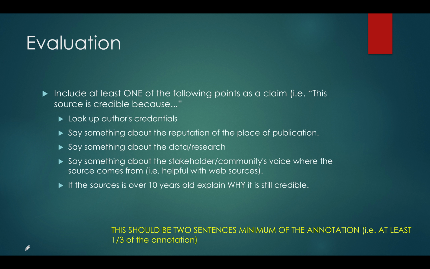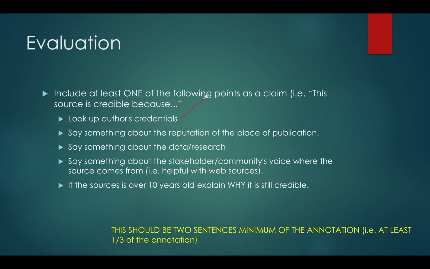This source is credible because, right? The evaluation says that, and you can even be that clear in your annotation. This source is credible because... is it because it has a credible author? This is where you go to Google and look up the author's credentials. Are they somebody who has been publishing on your topic for years?